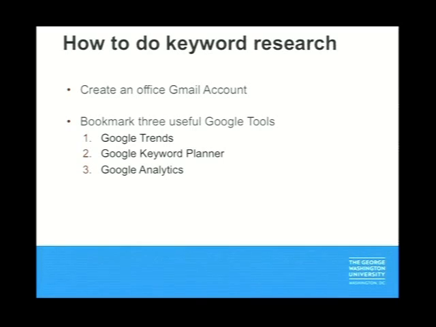That way, if somebody leaves, they don't leave with all your data and all your info. So create an Office Gmail, and then you can use these 3 tools. Actually, Google Trends is open to anybody, but Google Trends, Google Keyword Planner, and Google Analytics will be really helpful tools in finding the keywords that your users are interested in.